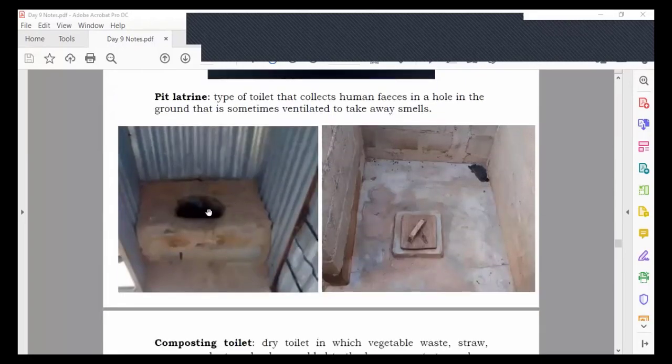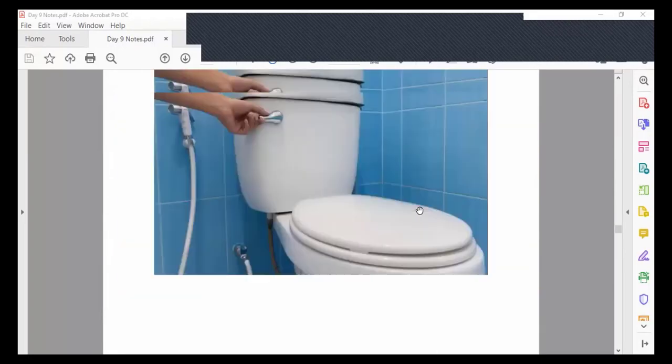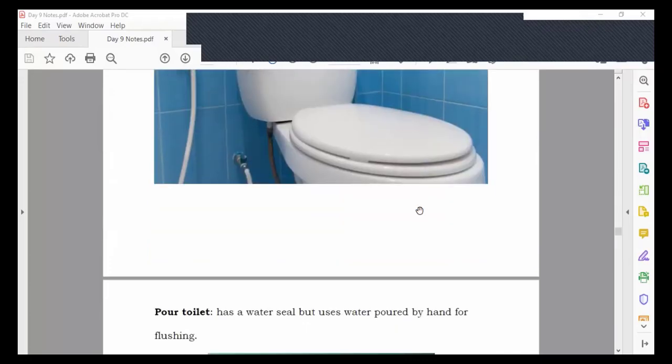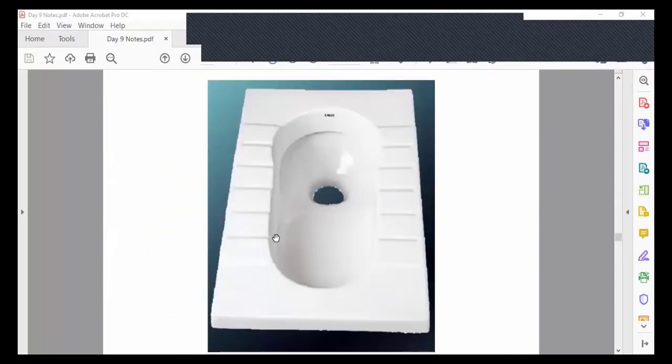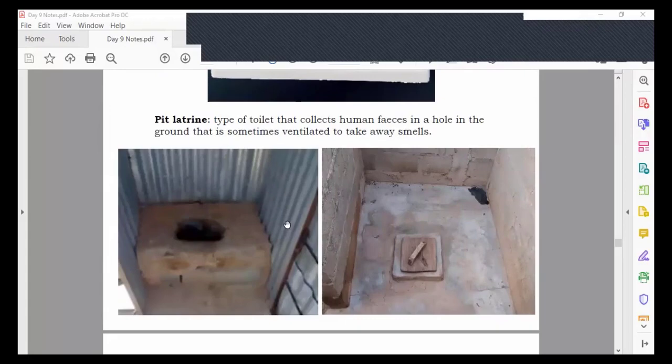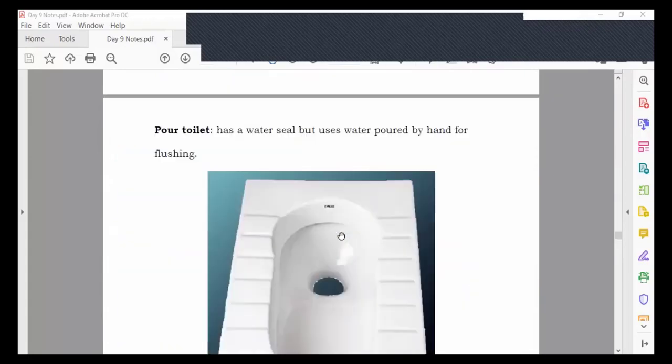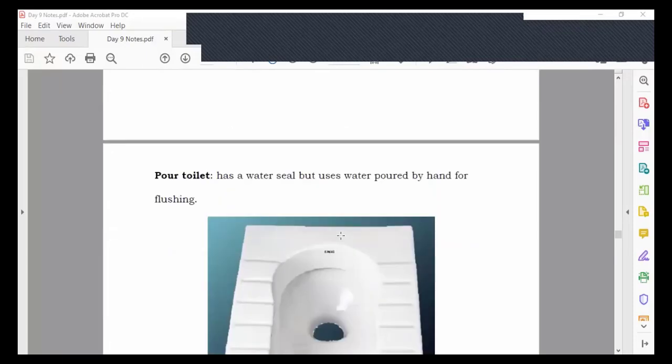So again, this is the flush toilet, this is the pour toilet, and this is the pit latrine. If you have at least one of them, then you can control it. Control means you can make a proper drainage system for them.